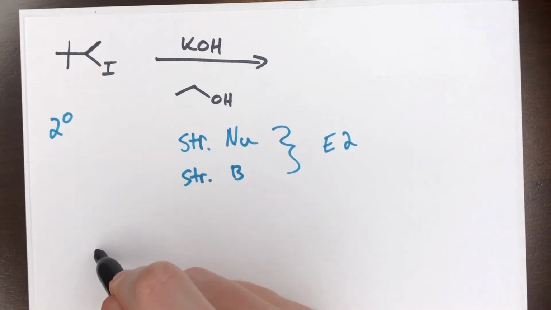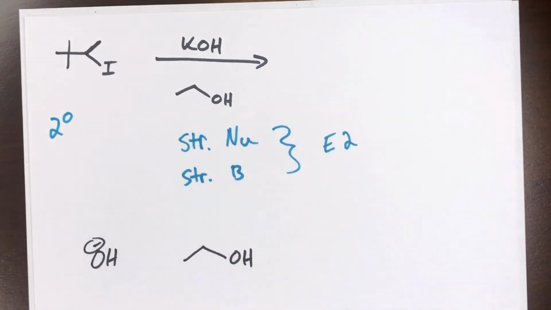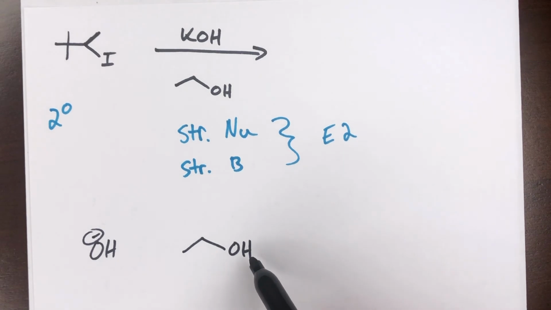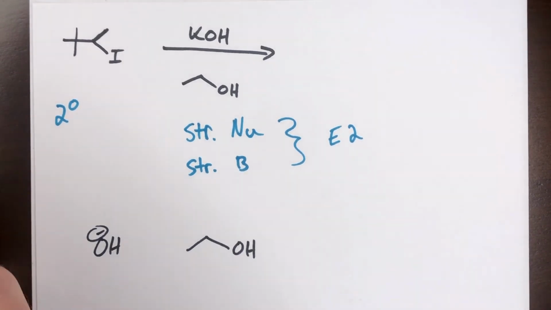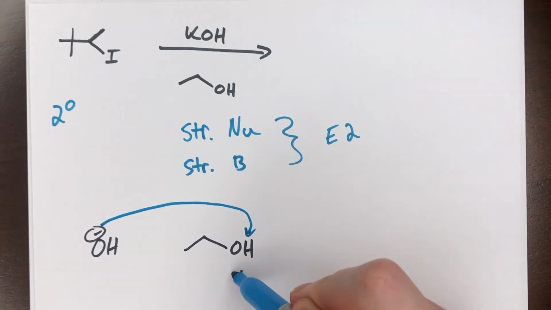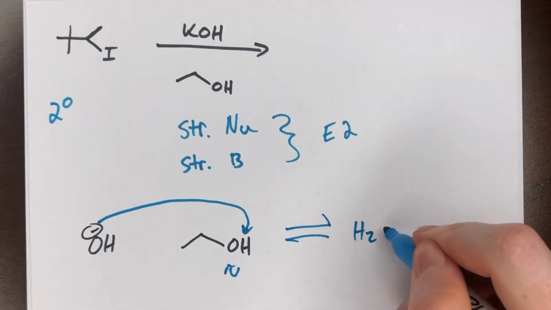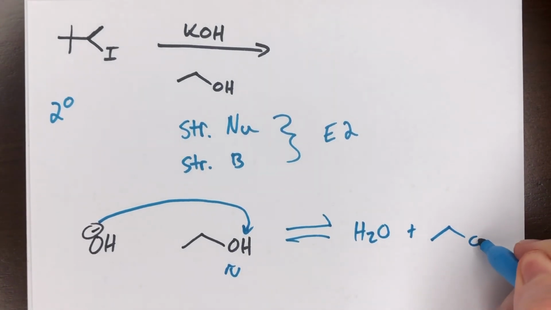So here we have OH minus, and then we have this alcohol. So this proton is somewhat acidic, right? So you can have this acid-base reaction occur before anything else occurs, which will give you water as a byproduct, and then the alkoxide.